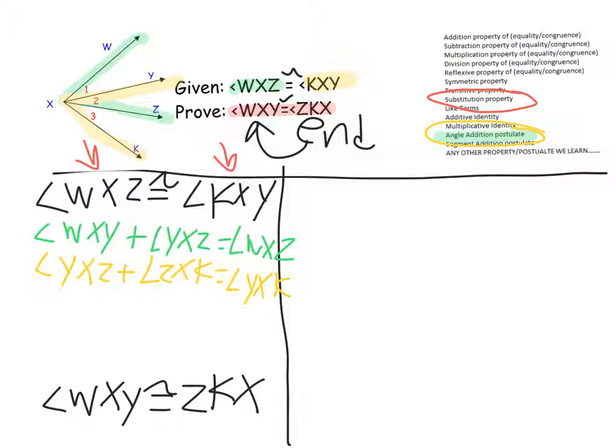My left side is my green, that's basically angle 1 plus angle 2. I've got those up there. It's going to be equal to the yellow stuff, angle 2 plus angle 3. So I'm replacing things there.